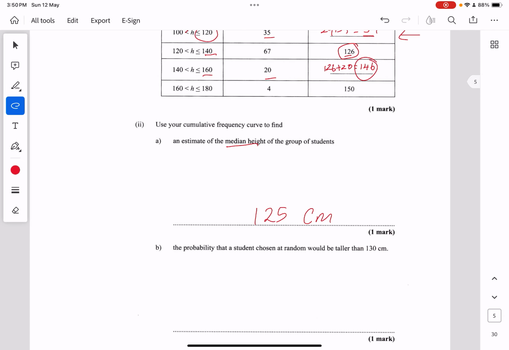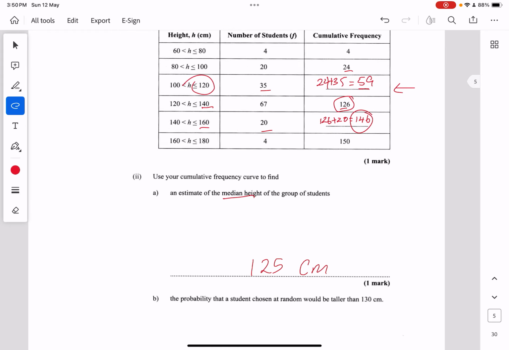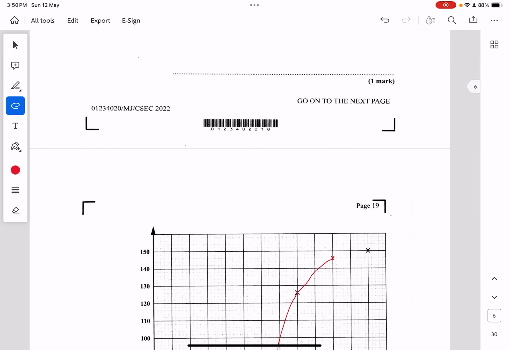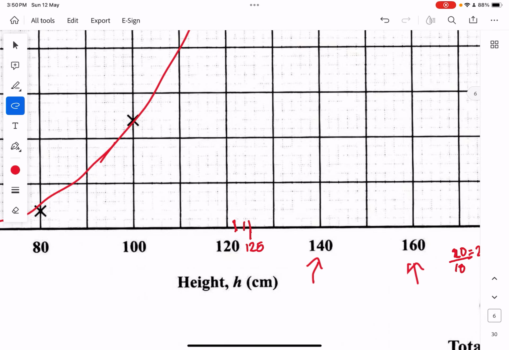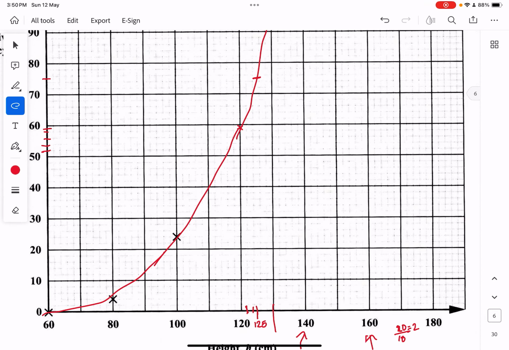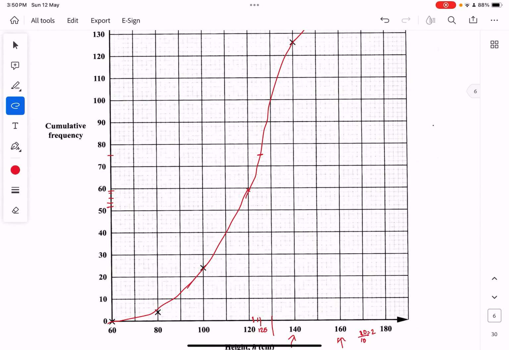And the probability that a student chosen at random will be taller than 130 cm. So we're going to have to find 130 cm on our curve, which is 130 would end up here. It meets our curve at this point here, and we've got that is 100 there.